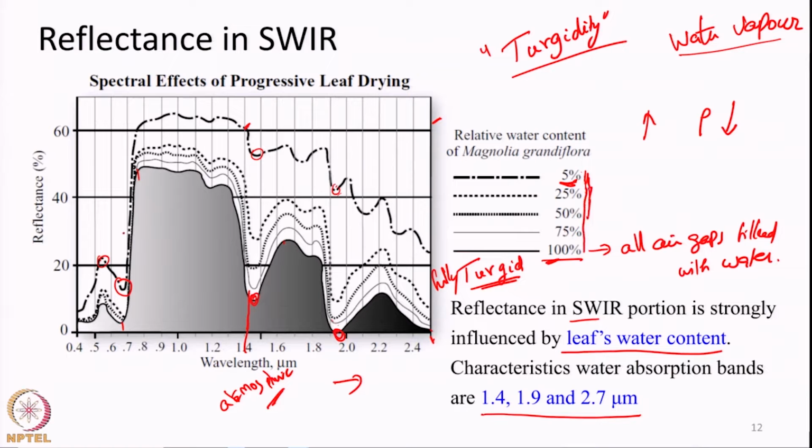Here you observe what happens to the red edge. As the leaf dries out, it undergoes water stress, and the reflectance in red will begin to increase, because we have seen that as vegetation undergoes any sort of stress, it begins to reflect in the red portion of the spectrum.